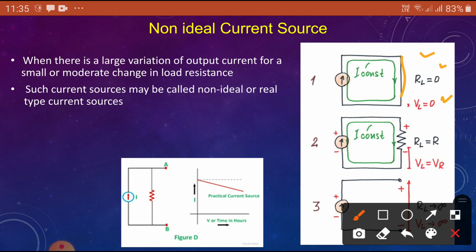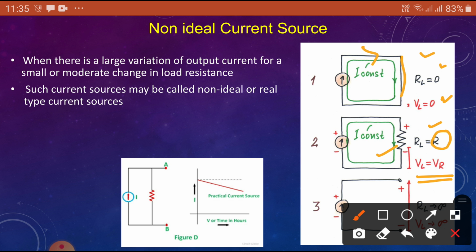The same current is flowing throughout the circuit. When the load resistance is increased to some finite value R, then with the drop I into R we get VR.